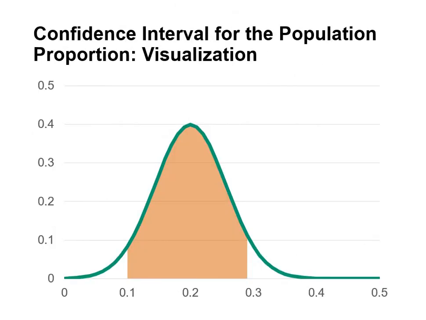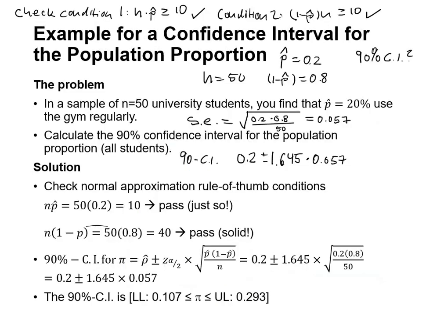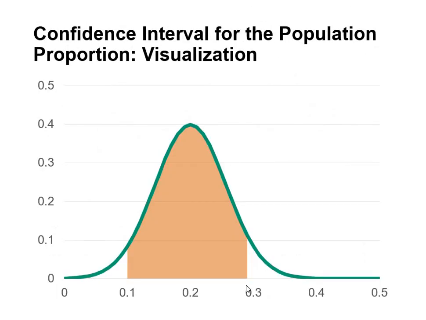Last but not least, let's illustrate it visually. Here 0.2 is our sample mean, and then we build our confidence interval around it, which covers roughly from 0.107, 10.7%, to 29.3, so that would be 0.293.